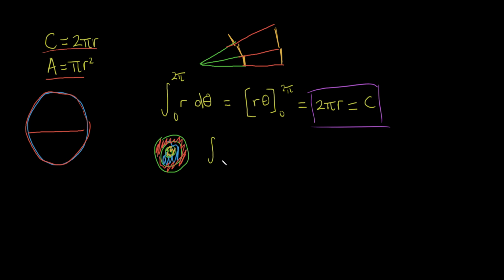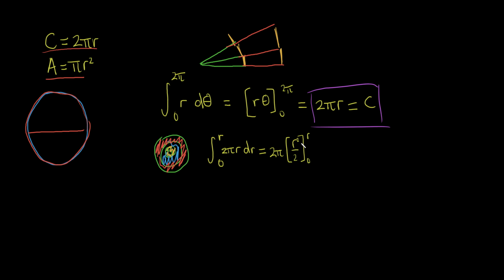And in this case, it's the integral from 0, the center of the circle, to r, the radius of the circle, the edge of the circle, of the circumference 2 pi r dr. Now we're going by small changes in radius. And this, we can take out the 2 pi, equals 2 pi times the integral of r dr, which is r squared over 2, from 0 to r.